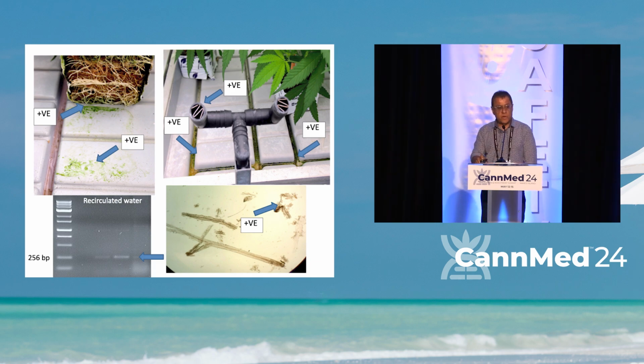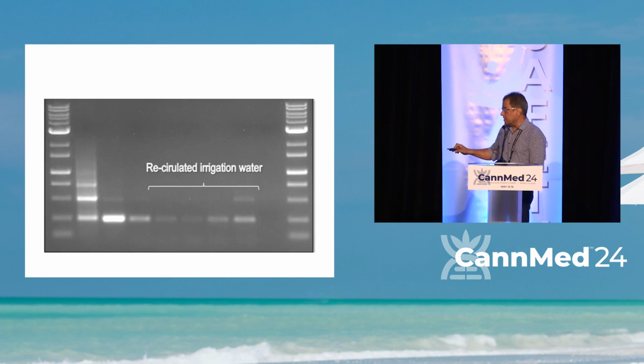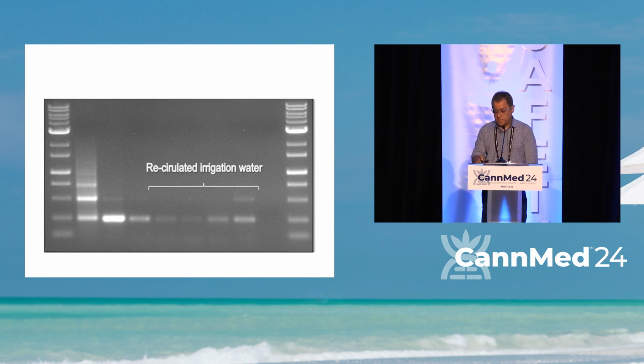So this thing moves quite well on the surface of tables between plants that are being shared with the same irrigation system. And here you see recirculated irrigation water, very faint but positive bands showing that the viroid is present in this material.